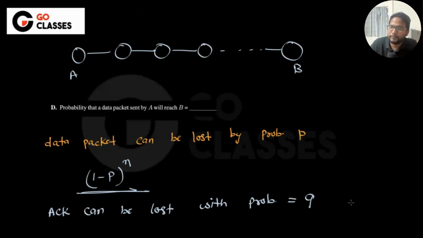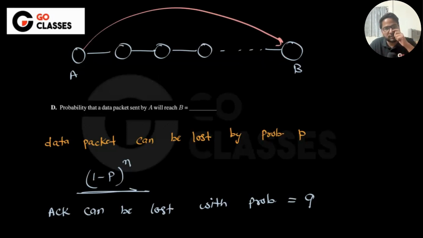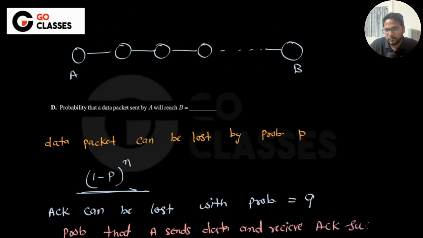What is the probability? Can anyone tell me? A sends to B successfully and B also sends to A the acknowledgement successfully. What is the total probability? Probability that A sends data and receives ACK successfully.